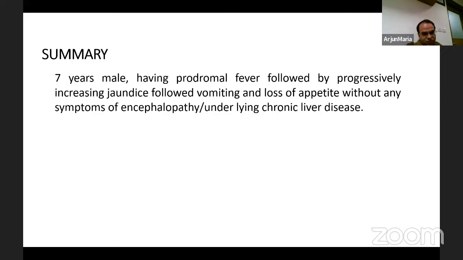That's it. This definition is biochemical evidence of acute hepatitis with INR greater than 1.5 along with hepatic encephalopathy, or INR more than 2 even without hepatic encephalopathy, which is not correctable by vitamin K, without any evidence of underlying chronic liver disease.